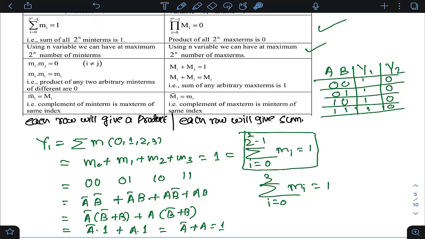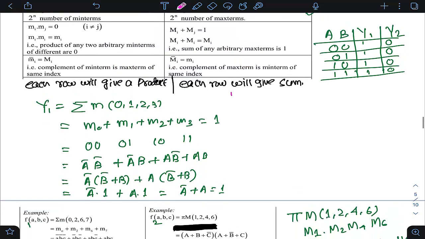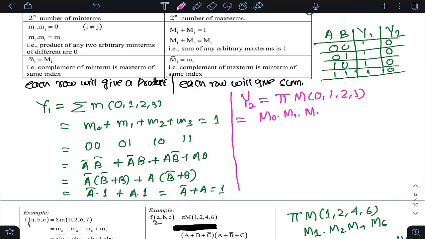Okay, same story you can do for the Maxterm case. If I do it for the Maxterm case, students, here you can write the Y2 as Maxterm 0, 1, 2, 3. This can be written as Maxterm 0 ANDed with Maxterm 1, ANDed with Maxterm 2, ANDed with Maxterm 3. 0 means 0, 0, 1 means 0, 1, 2 means 1, 0, 3 means 1, 1.